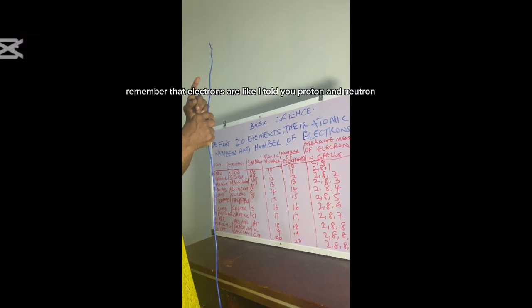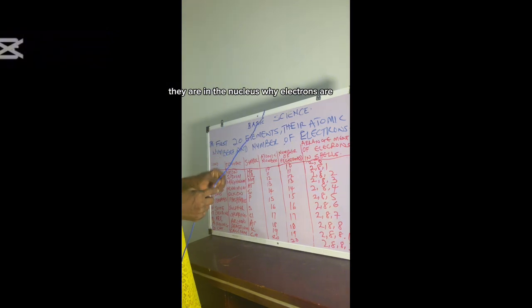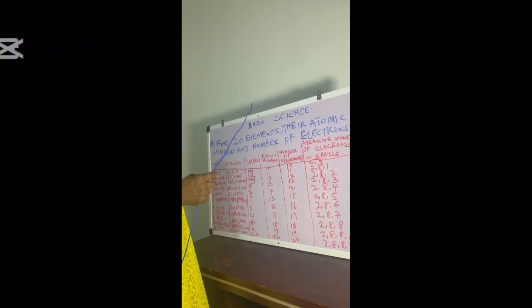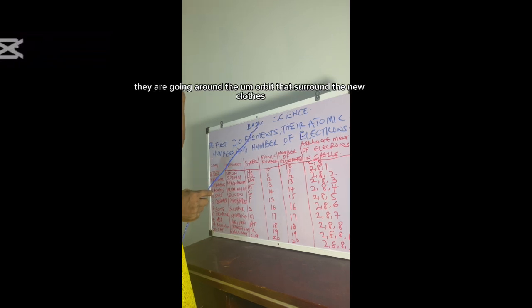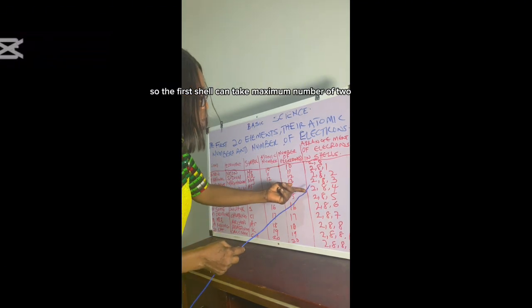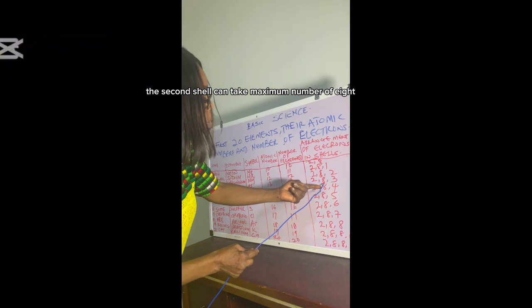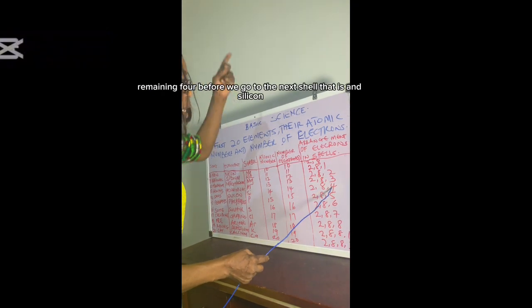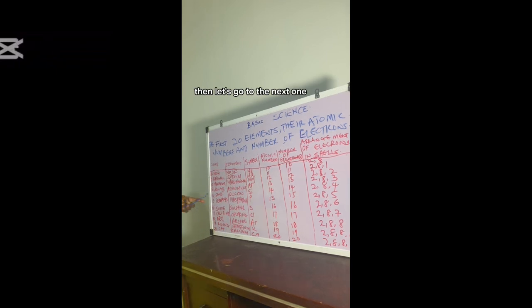Remember that protons and neutrons are in the nucleus, while electrons are going around the orbits that surround the nucleus. So the first shell can take a maximum number of 2. The second shell can take a maximum number of 8. Remaining 4 before we go to the next shell. That is silicon. Then let's go to the next one.